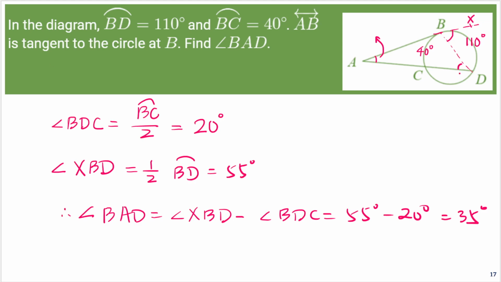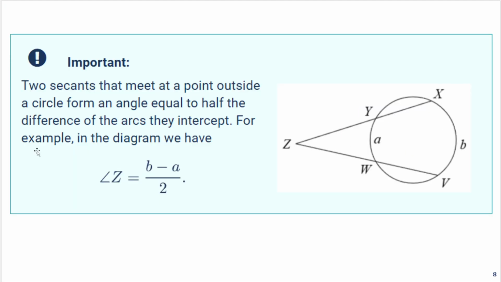And again, we can also generalize this question by letting BD equal x and BC equal y. So using the same method, we can prove that angle A here equals (x minus y) over 2. Did you get it? So this has a similar form to what we have learned in the previous property here.